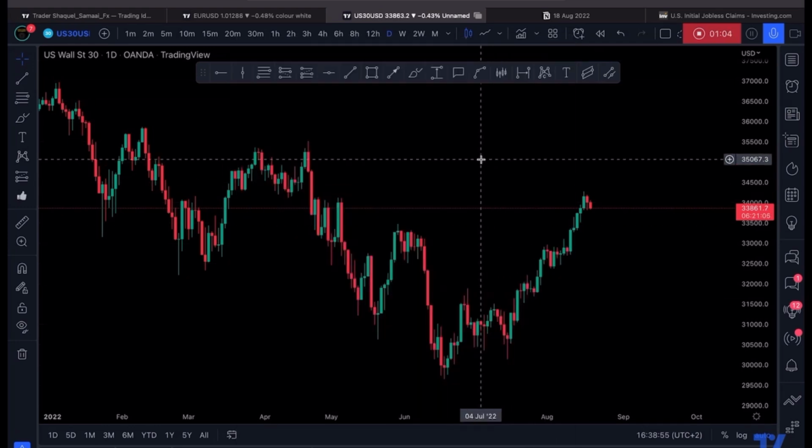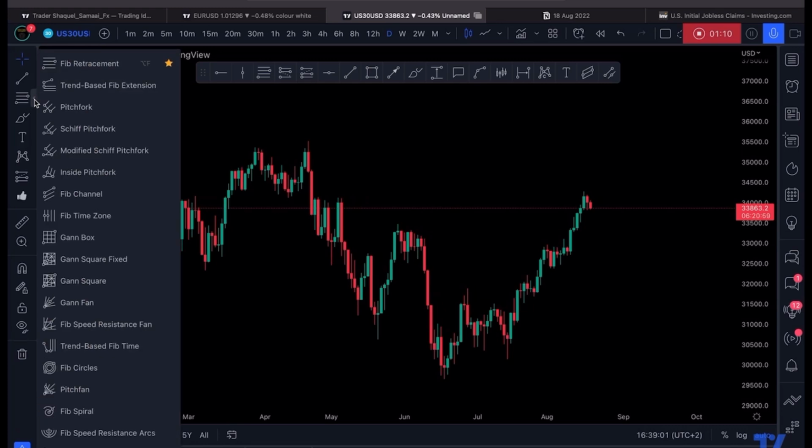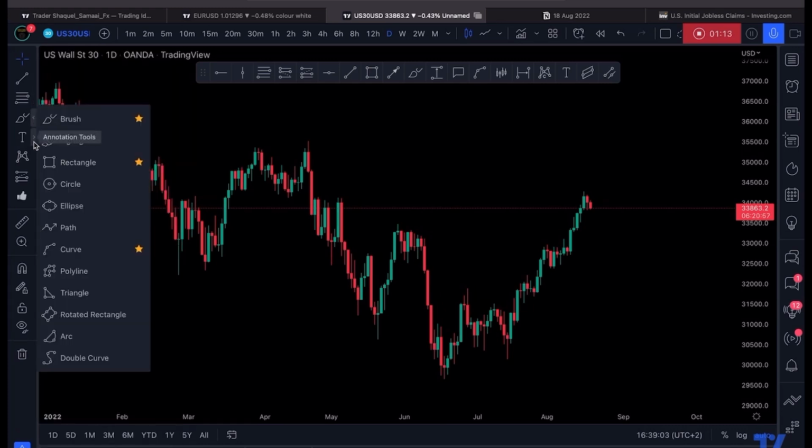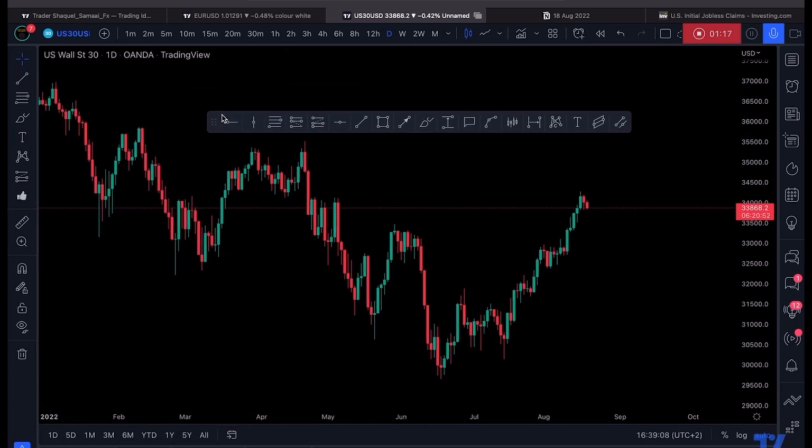And it should look like this. And then on the other end, you can use all of these tools right here, and then you have your toolbox right here. That is for setting up your TradingView.